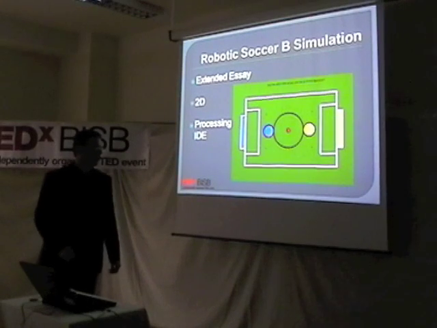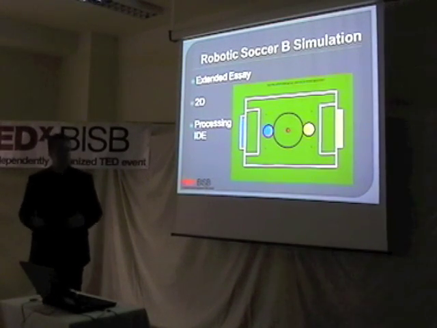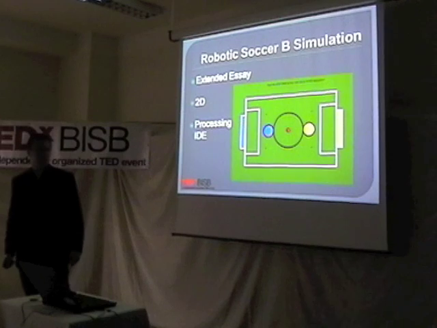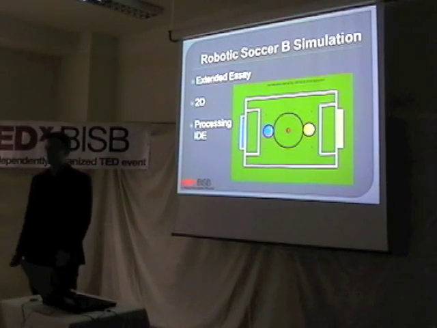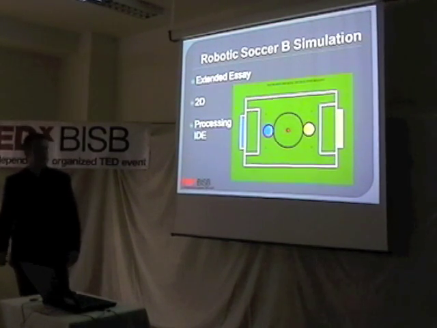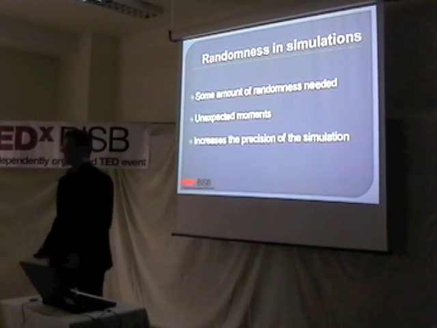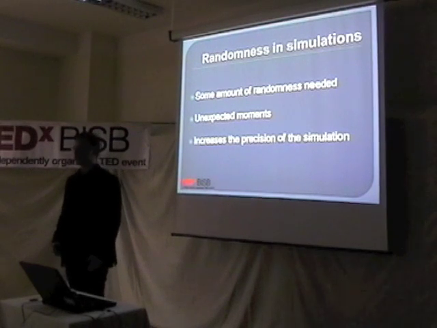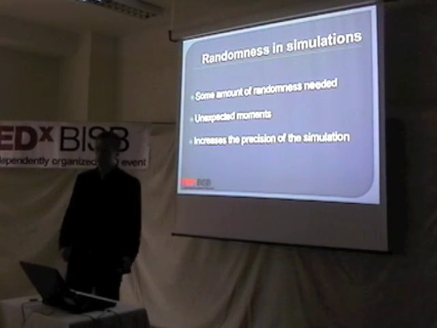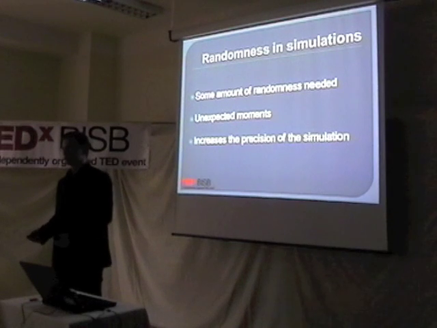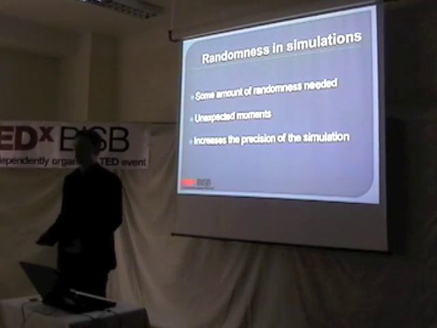You have seen how the robots moved in somewhat shaky directions. This was caused by the randomness in the simulation. Some amount of randomness is needed for a simulation to work. What it is caused by depends on the nature of the simulation.